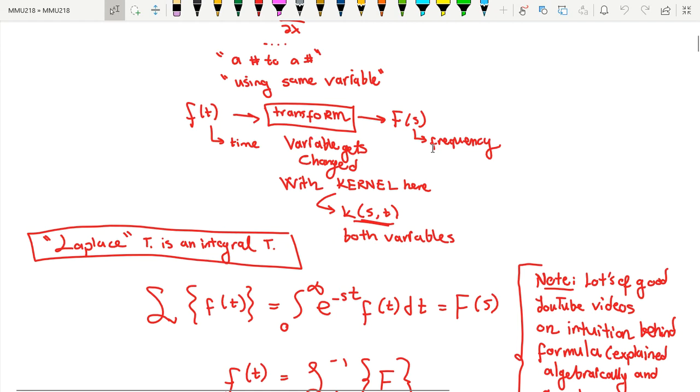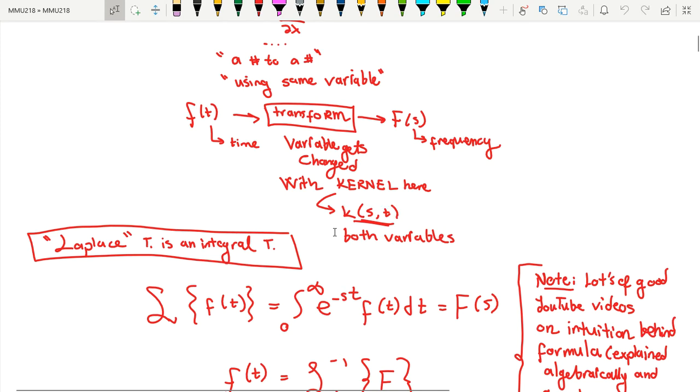And so within the transform, your variable gets changed, and since it is changed from t to s, your transform term, which is going to be appearing down below here, is called kernel.